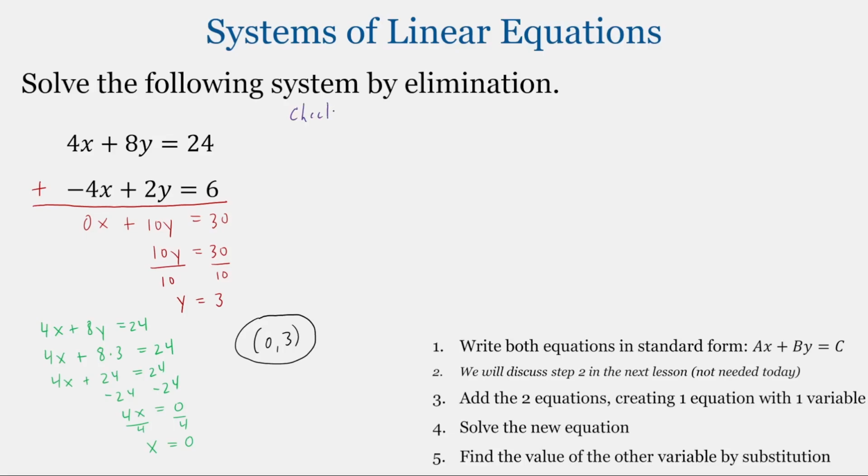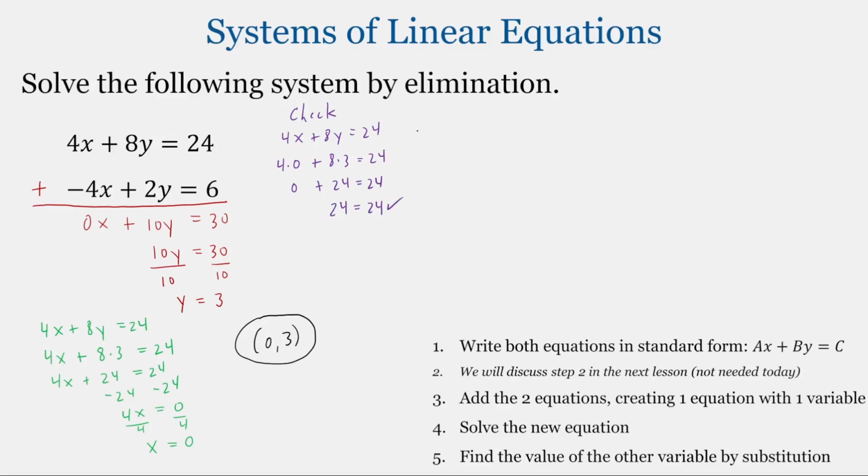Checking that answer, we'll have 4x + 8y = 24. This is 4 times 0 plus 8 times 3 equals 24. So 0 + 24 = 24, we end up with 24 = 24. That's good.